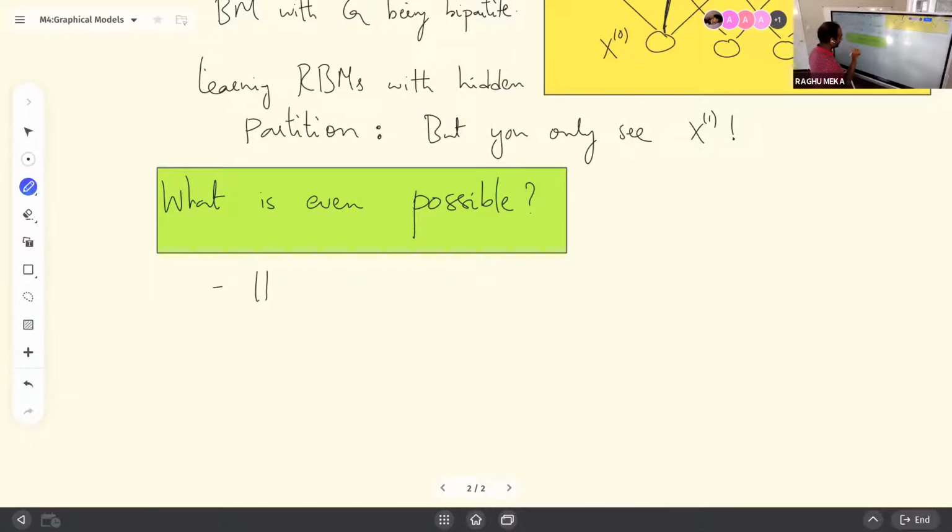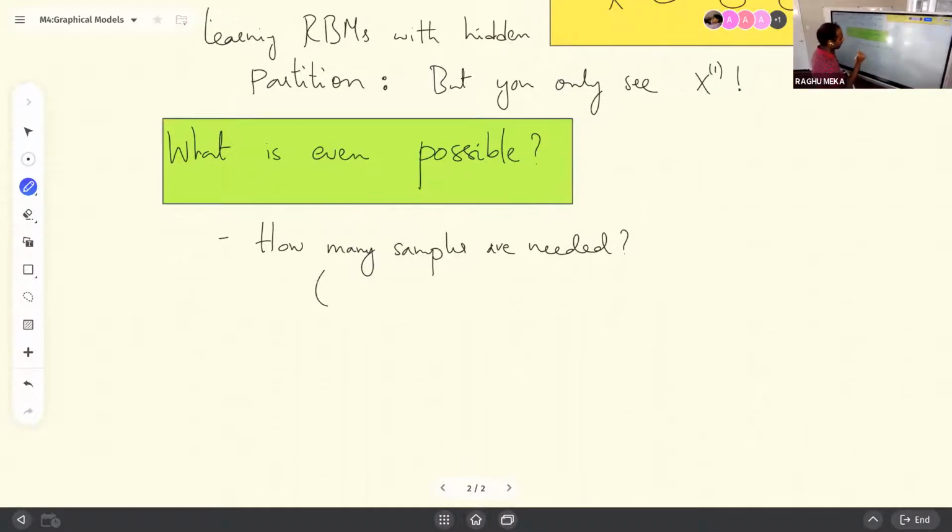So how many samples are needed as a function of the dimension d, the degree k, and epsilon the accuracy. Okay, and next is what is the runtime?